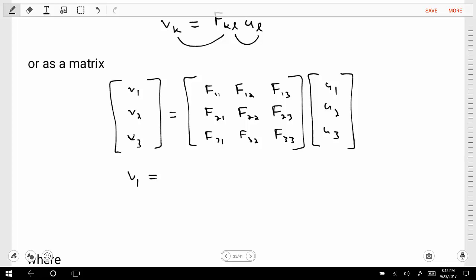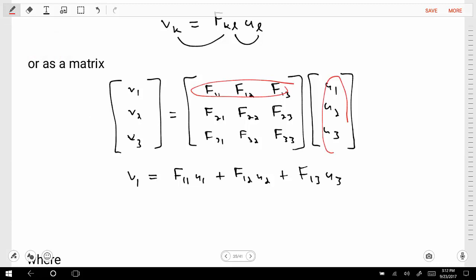So row, column, and the first term in u. Then we will find F11 u1 plus F12 u2 plus F13 u3, and the summation is indicated through that dummy variable l.